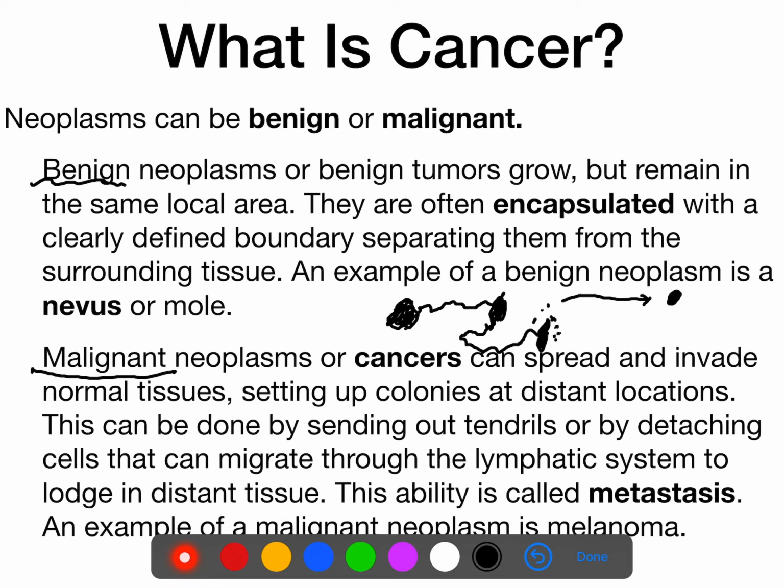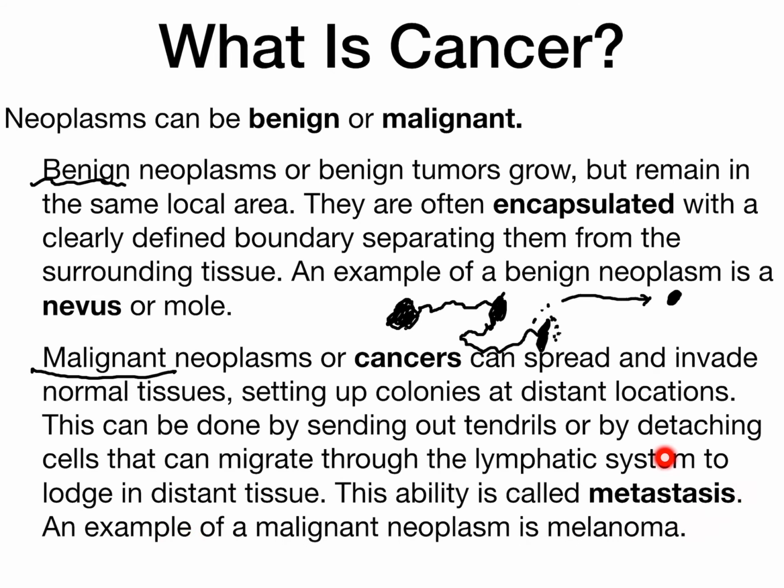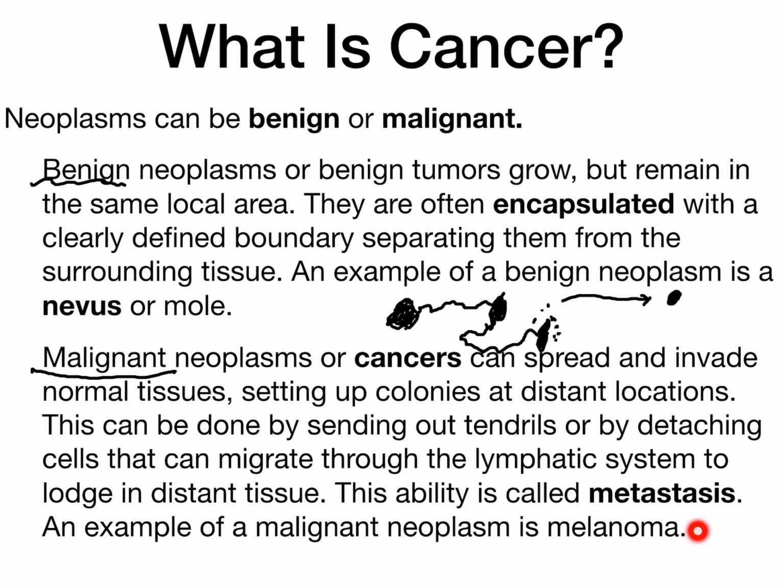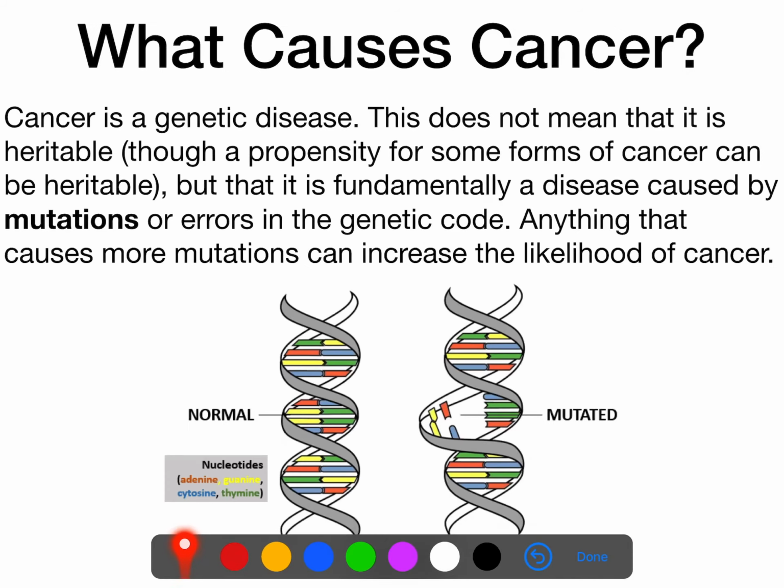Often they migrate into the lymphatic system and then through your lymph ducts and lymph nodes in order to get all over your body. This ability is called metastasis. An example of a malignant neoplasm would be melanoma, which is a skin cancer variety of the melanocytes.